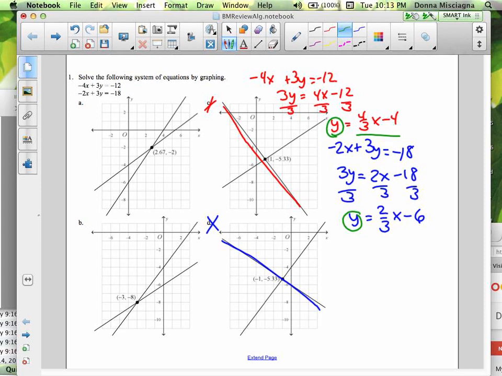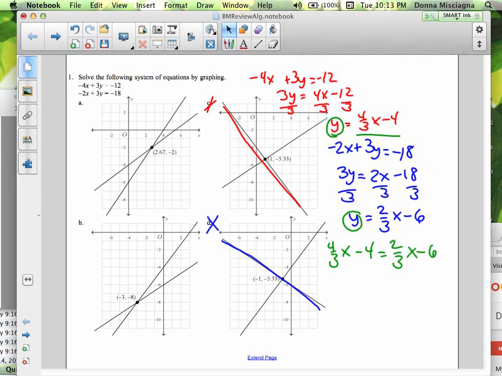So we have 4/3 x minus 4 equals 2/3 x minus 6. I don't really care for having all these fractions in here, so let's multiply every term by 3. That is the least common denominator, and if we do that, we will get rid of the denominators.